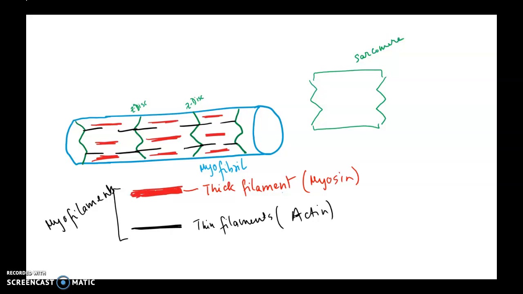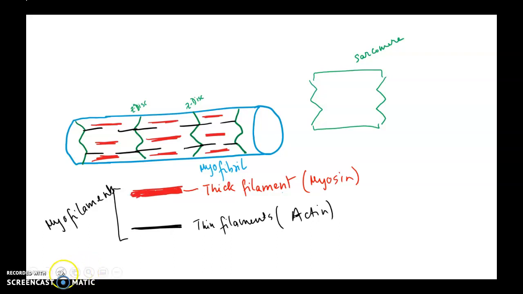Some students call it sacromere, and that bothers me so much. It's not sacromere, it is sarcomere. Say it, sarcomere. Okay, now the idea is the myofilaments, or the thick and thin filaments, are organized within each sarcomere in a definite pattern.